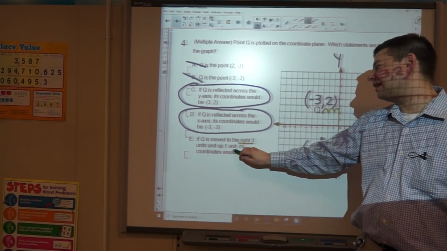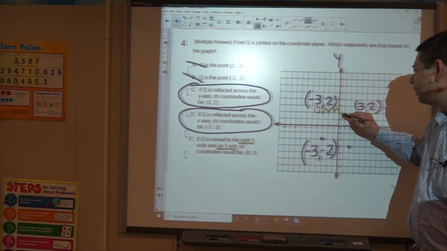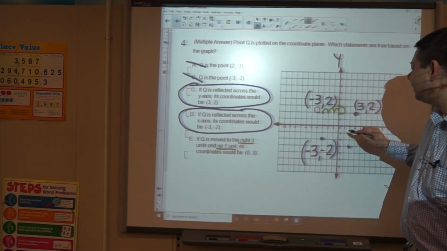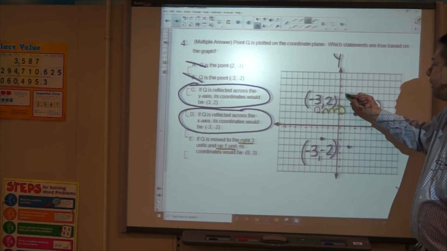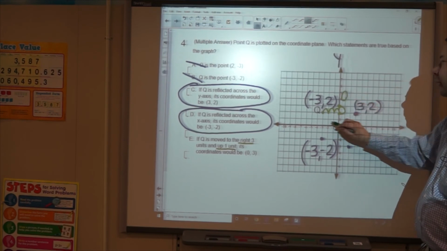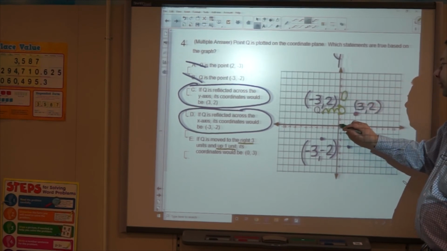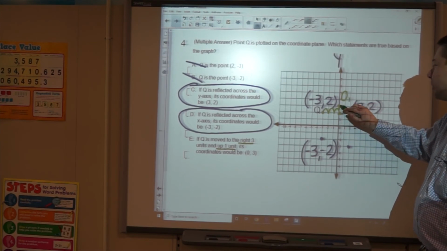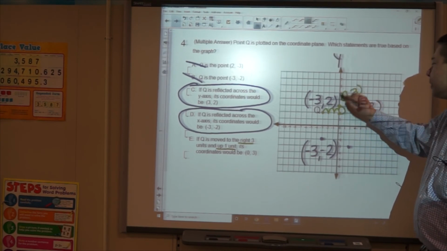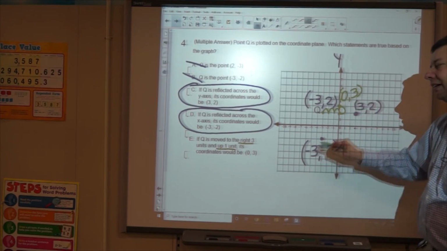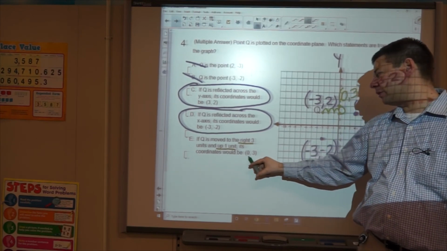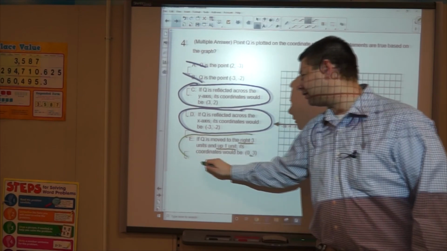And then it's going to move up 1 unit. So boom, up right here. That coordinate right there is going to be 0 on the x. I'm not going to the right or left. I'm just staying right in the middle, 0. And then I went up 1, 2, 3. So 0, 3 is this point right here. It says if I did that, its coordinates would be 0, 3, and that is correct.